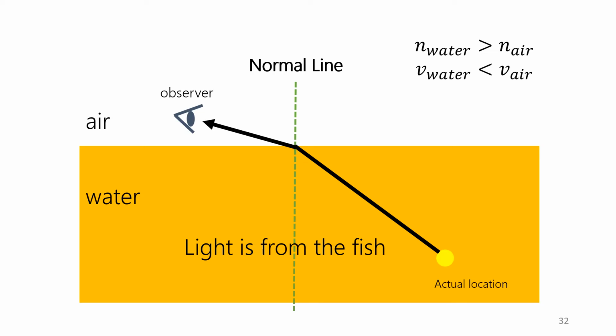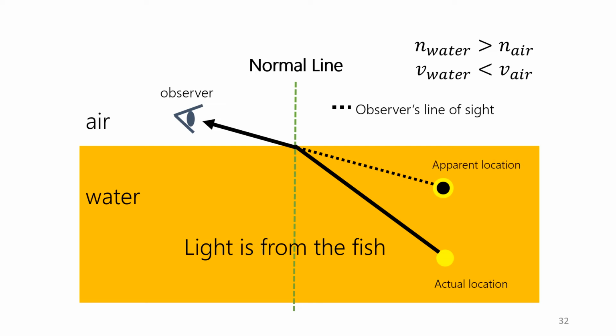Since light travels slower in water than in air, water's refractive index is higher than air's. From Snell's law, the refracted ray should be angled farther from the normal compared to the incident ray. Let's check the observer first. His line of sight will actually be a straight path from the refracted ray, and extending this ray into the water unbent points to where the observer will see the fish.